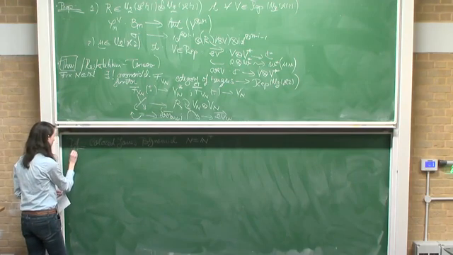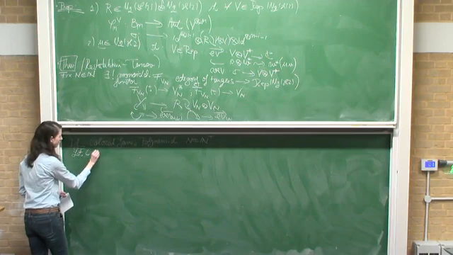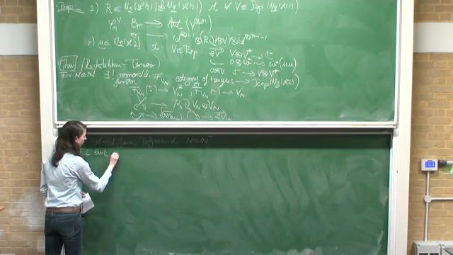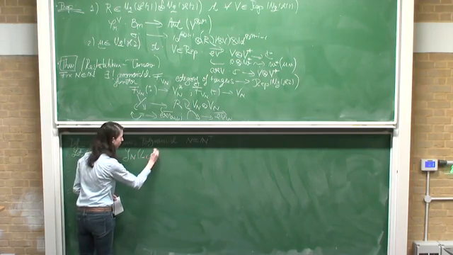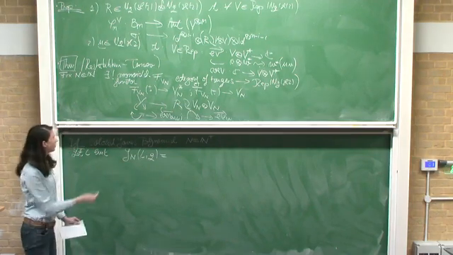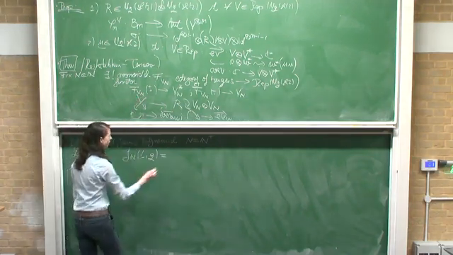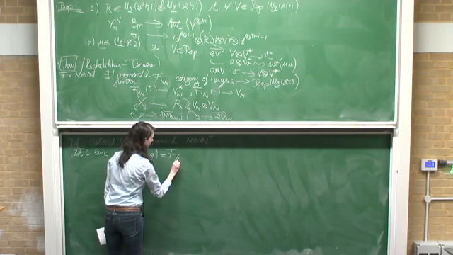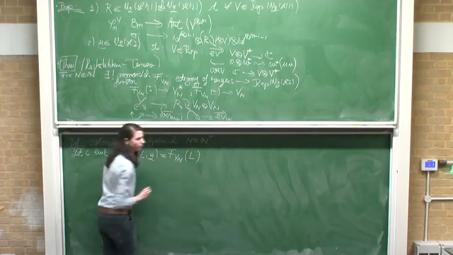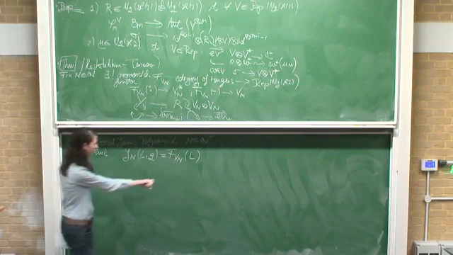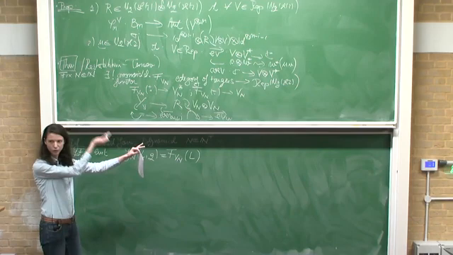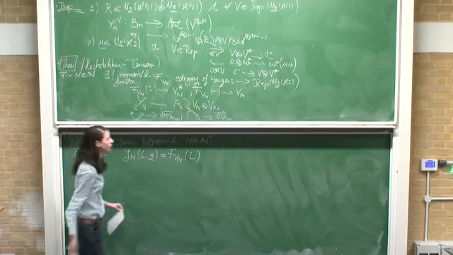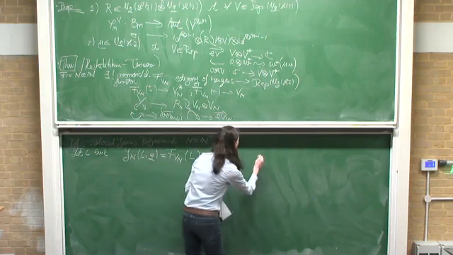So for L a link, we define G_n of L and q to be this functor F_n applied to L, where we look at L as a morphism from the empty set to the empty set, and we just apply the functor. So I will draw a picture.